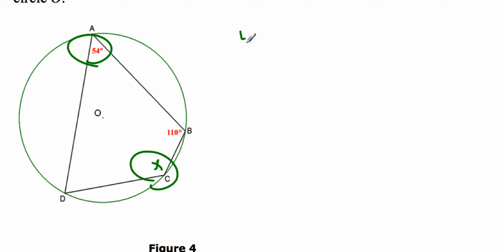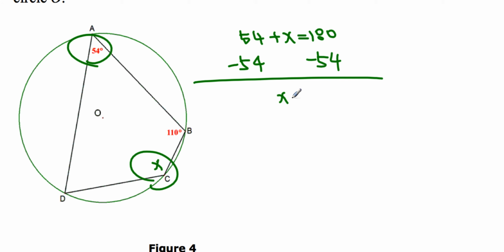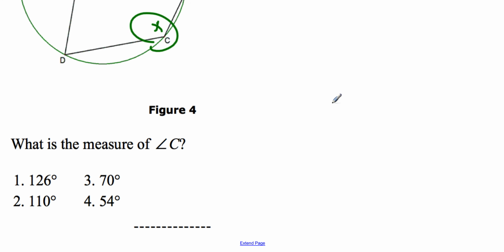So here we have 54 plus x is equal to 180. Then obviously we will subtract 54 from both sides. Then x must be equal to 126. 126 is the answer then, choice 1.